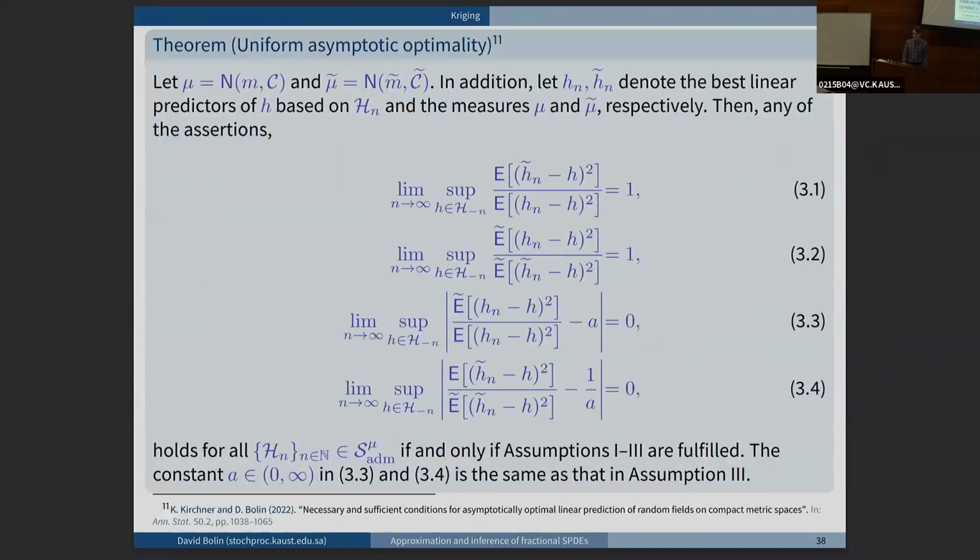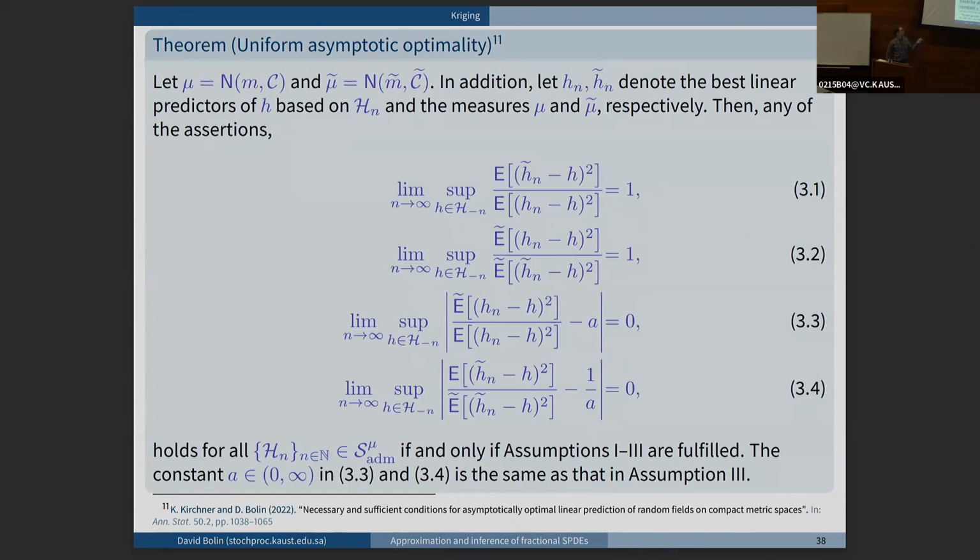So under those three conditions, we have the following results. If you are again in the setting where we have our correct Gaussian process, our misspecified one, the optimal Kriging predictor and the Kriging predictor based on the misspecified one, then we have, in particular, this first result: the uniform asymptotic optimality of the misspecified Kriging predictor, or any of these other three similar results.